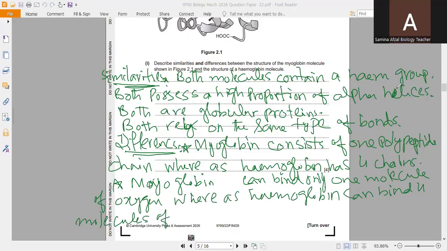Because myoglobin has one chain, one heme group, because the oxygen will attach itself to the heme group.